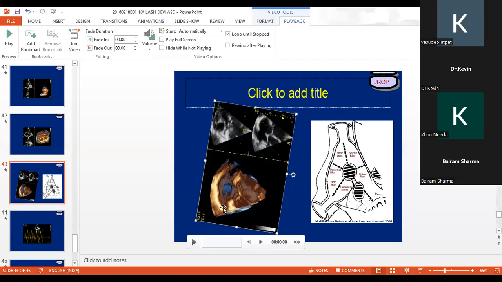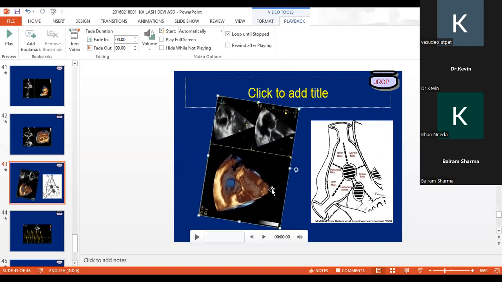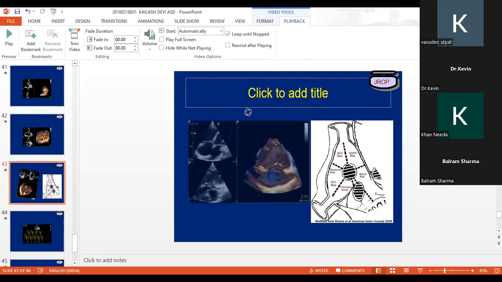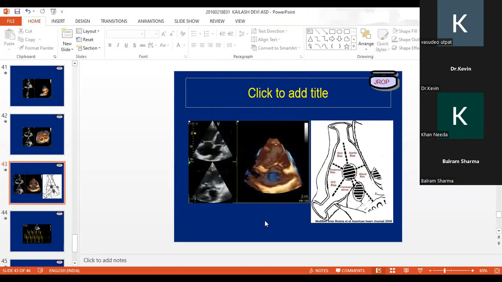This could be a possible IVC. Here could be an aorta on this side, and here are the RA free wall margins. And we can measure the rims of all those structures which are seen over here. It's a little cumbersome in transthoracic, but we can get a good idea as I showed you in this particular slide.